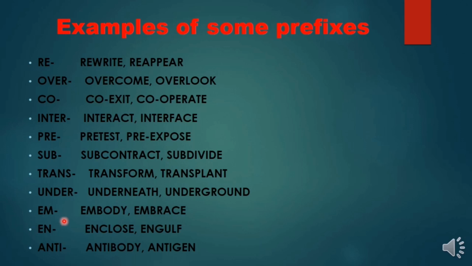By adding en, the examples are enclose, engulf. Students, embody, embrace, enclose, engulf, this type of words can be used in a sentence as verbs. By adding anti: antibody, antigen. So students, these are the examples of some prefixes. You can easily understand how prefixes can be used in a sentence.